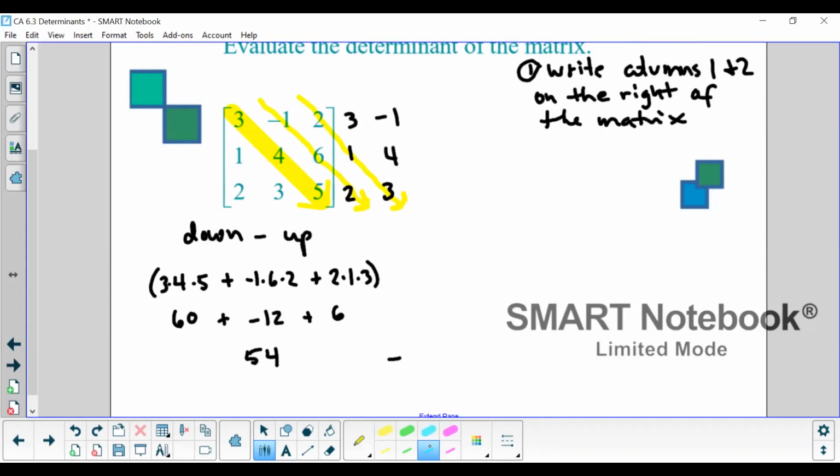So to start with those, I'm going to go now to the bottom left corner from the beginning. And that first diagonal is right here. Right, we go bottom left, upper right, and then we multiply those three things together. So 2 times 4 times 2.